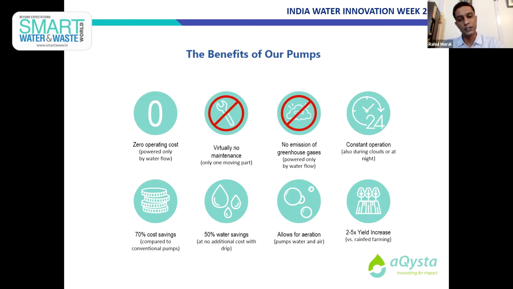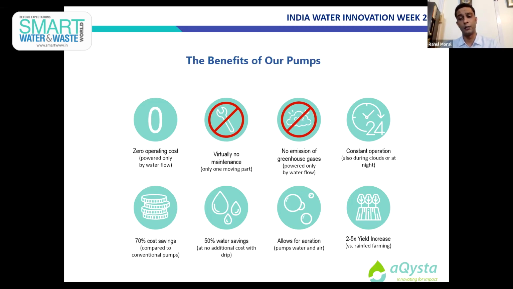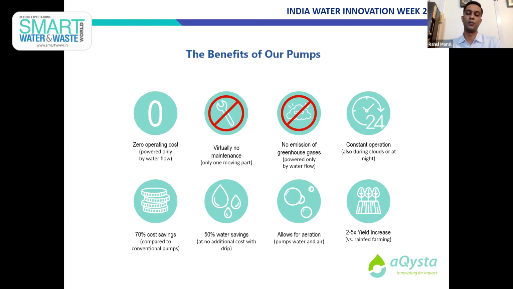No emission of greenhouse gases. That's very important, because we don't use any fuel, no electricity. So obviously there is no emission of greenhouse gases. And also the places where we are implementing it right now in India are basically clean, pristine environments. So it's always good not to pollute them.